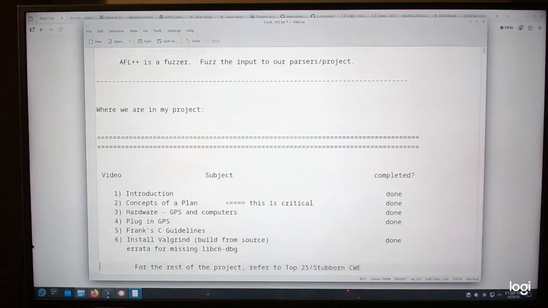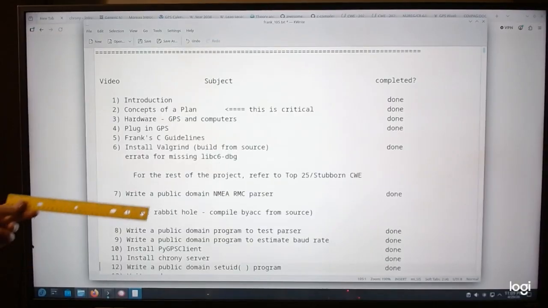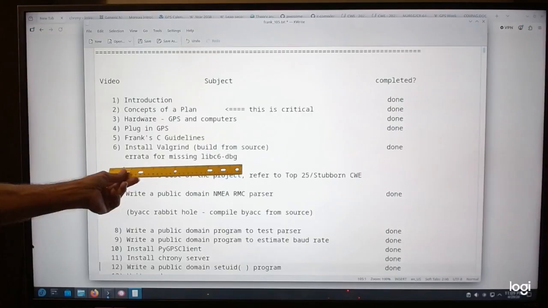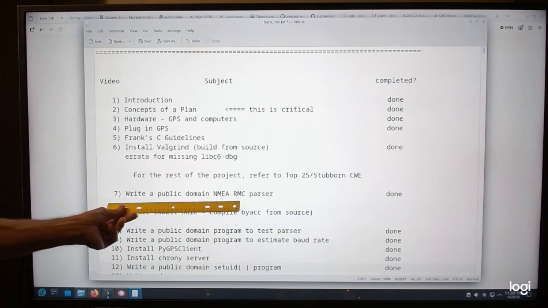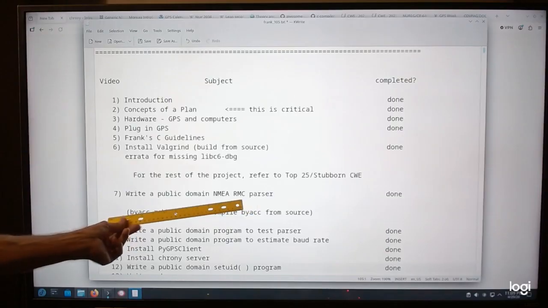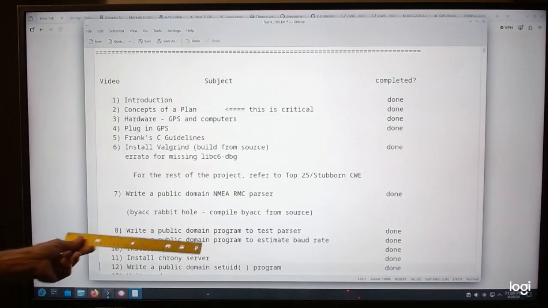This is where we are in my project. The last video was Valgrind, and I messed up a little bit. This video is the parser for the recommended minimum sentences from NMEA.